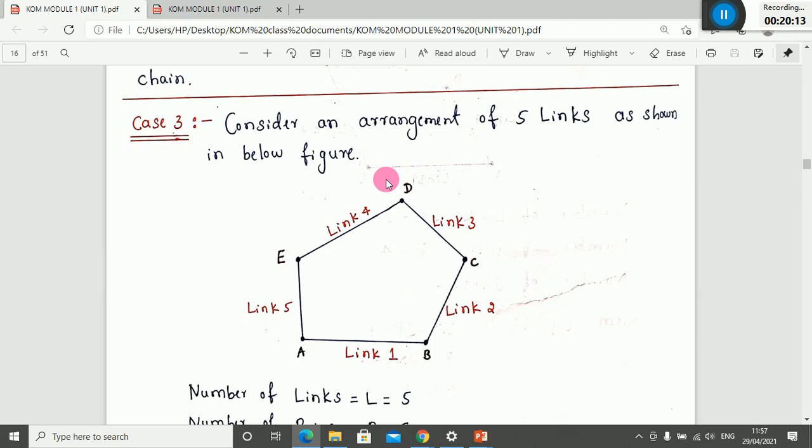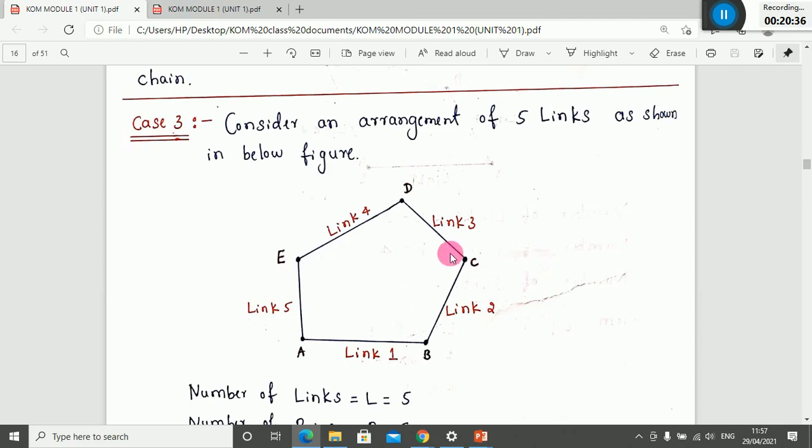So just try to frame this type of link. Just check. After every time, each point on each link will have a different path. Initially this EA will have a certain path. After some time, this ED and DC will come down. They'll form a locked one.